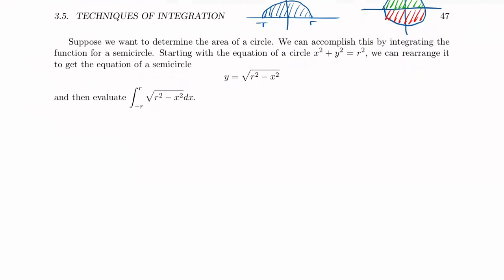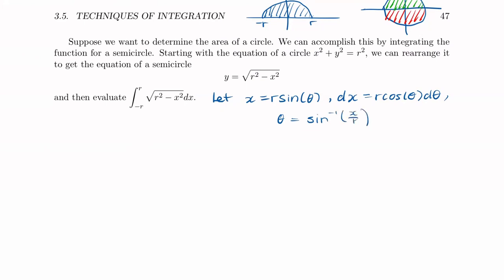So let x be r sine theta. That means dx is r cos theta d theta. And as well, theta here is going to be sine inverse of x divided by r.